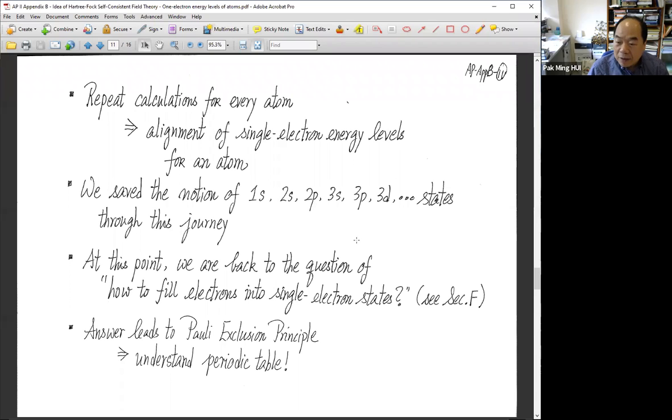Now, another idea is that we must do one calculation, self-consistent thing for every atom. We cannot have one set of 1s, 2s, 2p, 3s states that is good for all atoms.